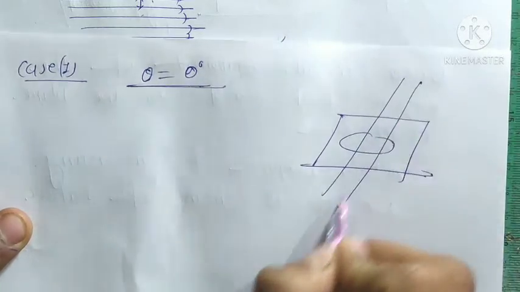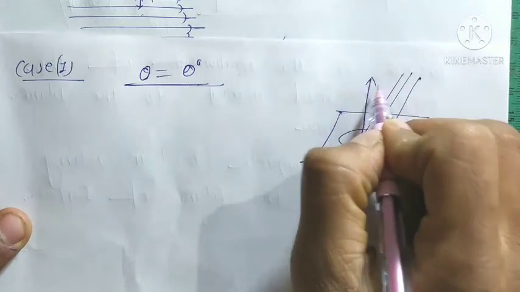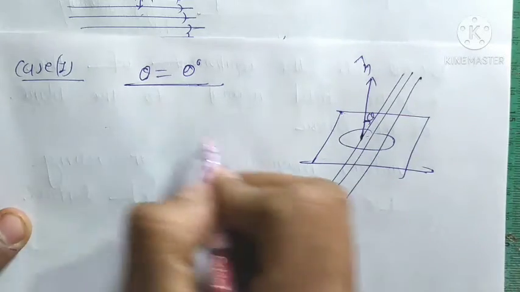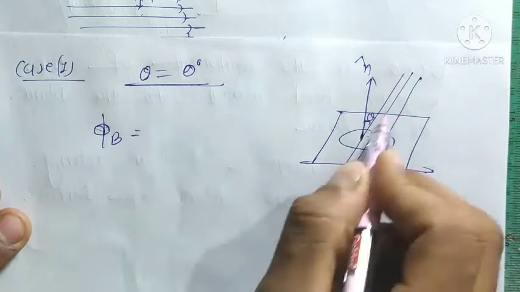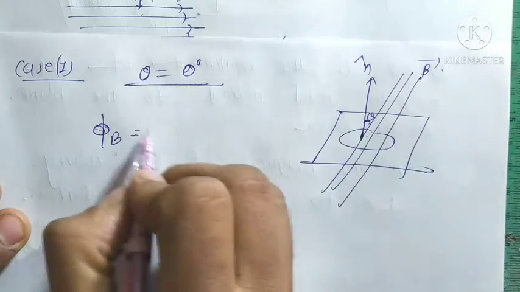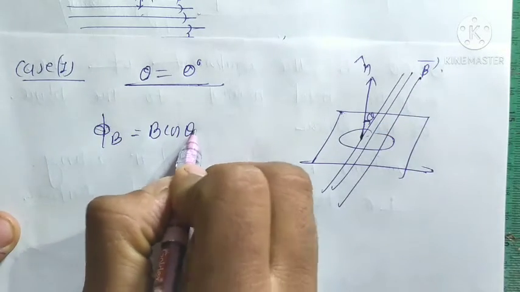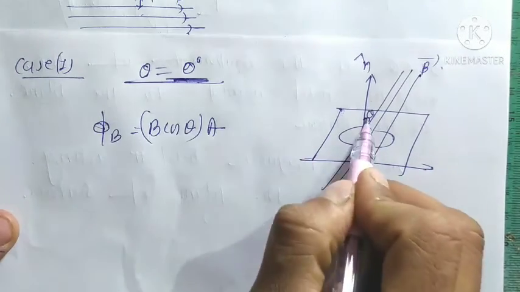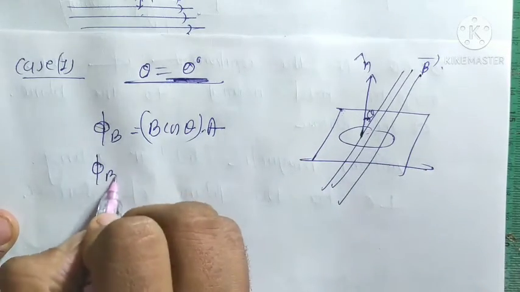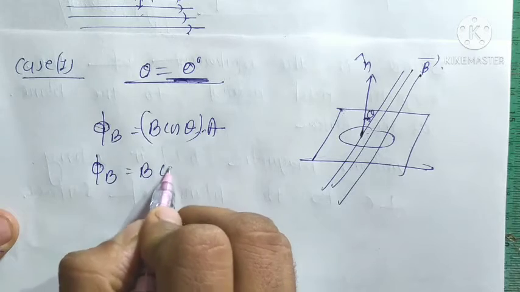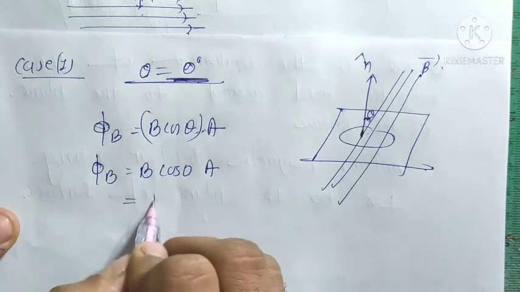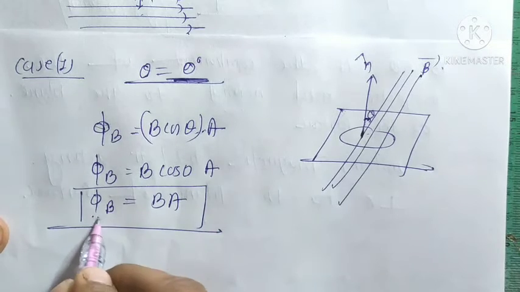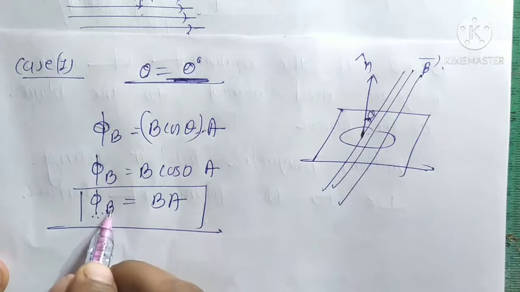These are the magnetic field lines which make an angle theta with this normal, and we already know the formula B cos theta A. When theta is equal to 0, we put theta equal to 0 here, so B cos 0 A, finally BA. This is the maximum magnetic flux.